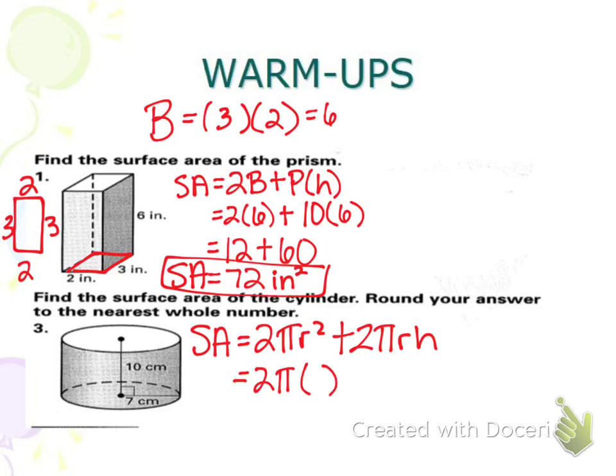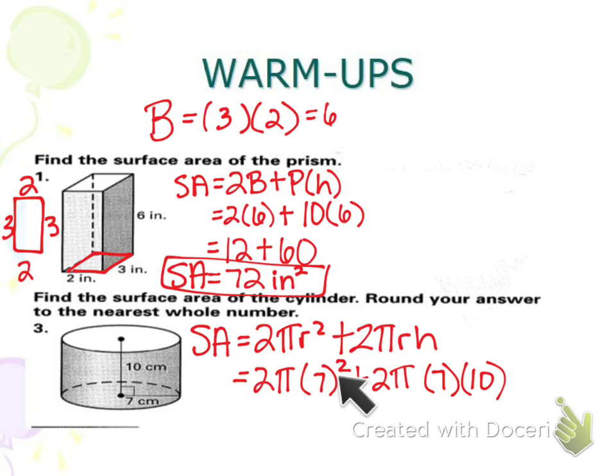What am I plugging in for r? 7. And what am I plugging in for h? 10, the height of the cylinder. Now we've just got to do some multiplying and then a little bit of adding.